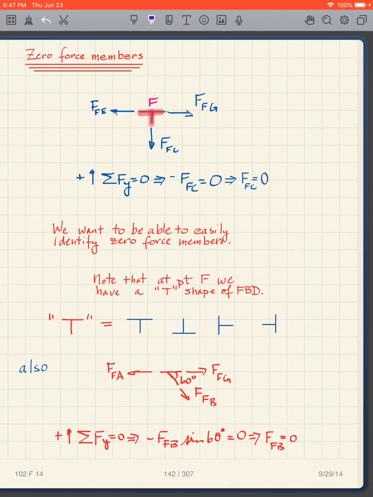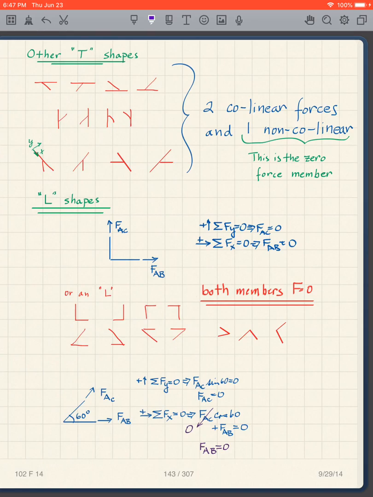So what we find is this is another form of a T. It's a distorted T, but still the stem of the T gives us a 0 force member. And again, we can rotate this so I can have this T, I can flip it upside down and be like that.